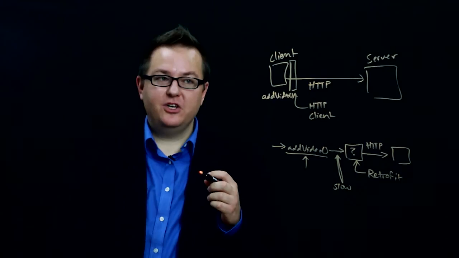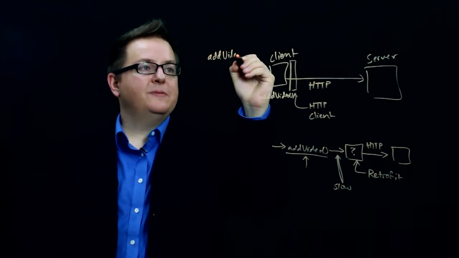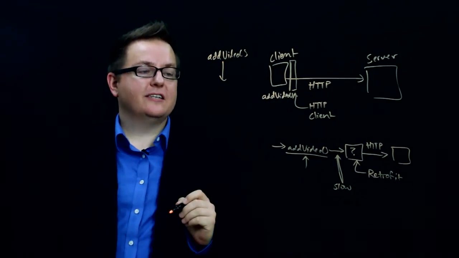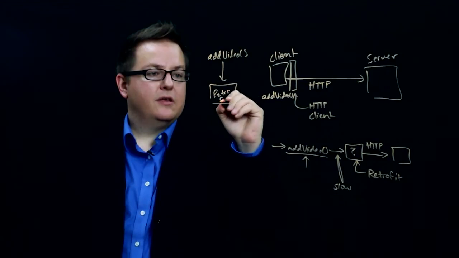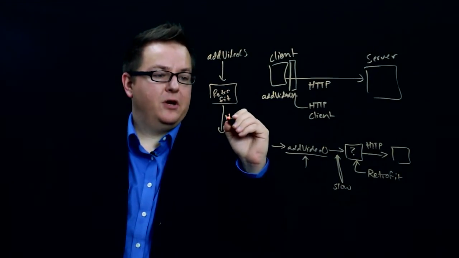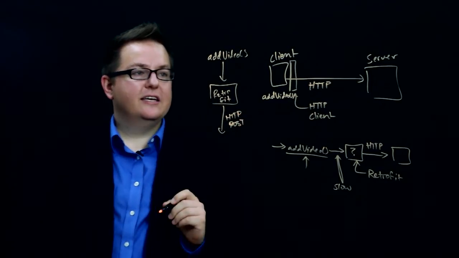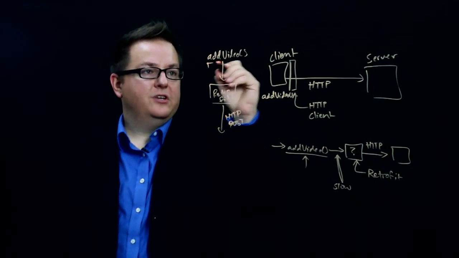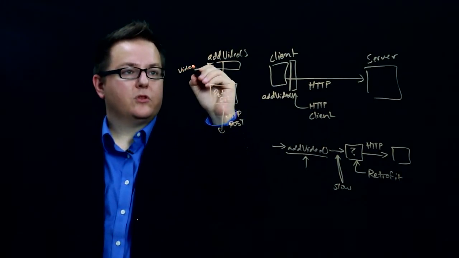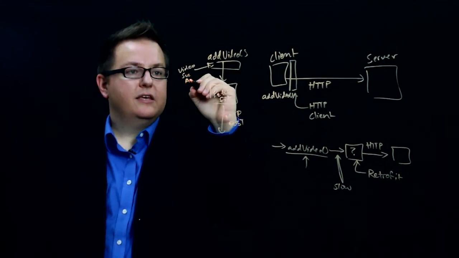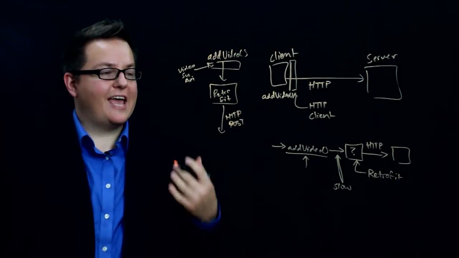What Retrofit is doing is our add video call is being taken and translated by Retrofit into an HTTP post request. And the way it's doing this is the interface that we're using up here, the video service API, is annotated with the various @POST and @GET annotations.